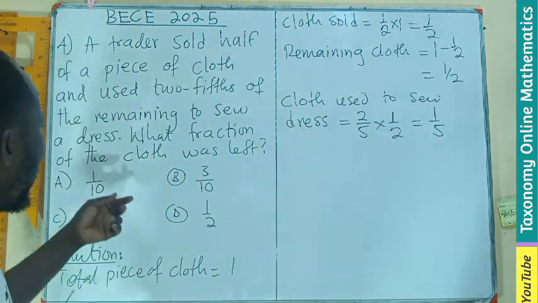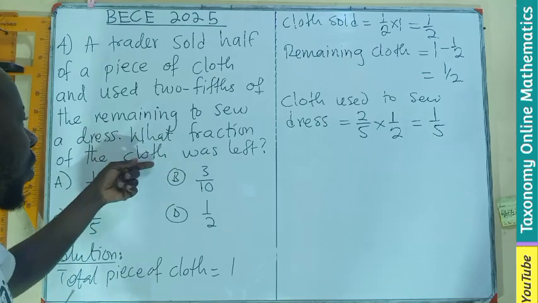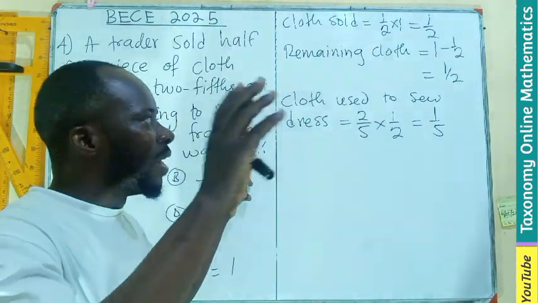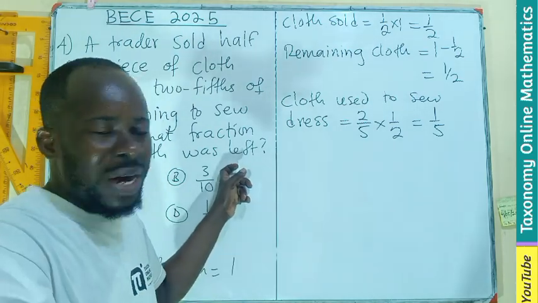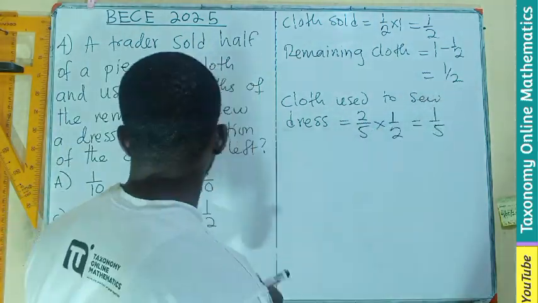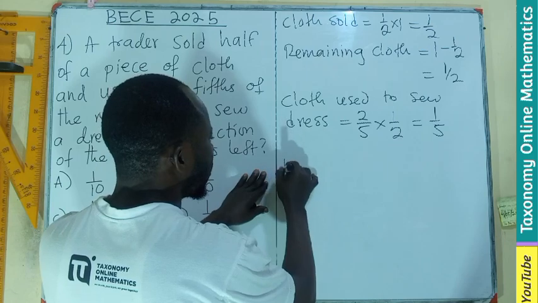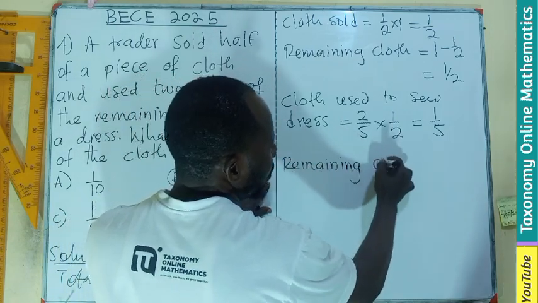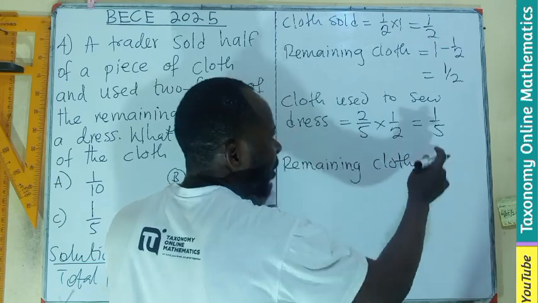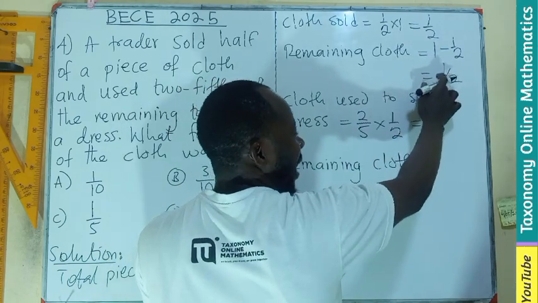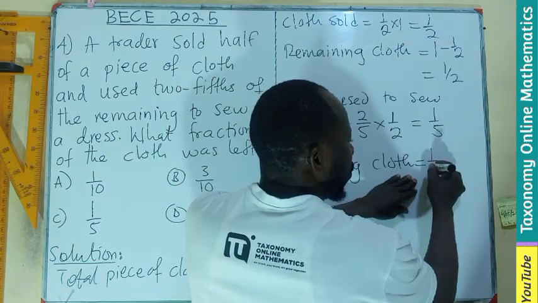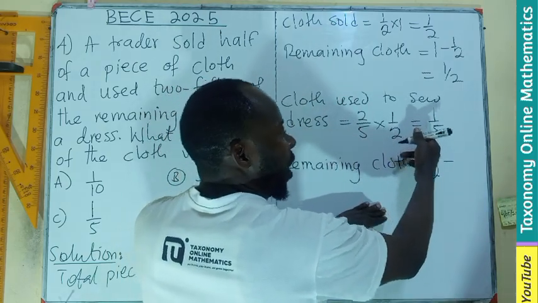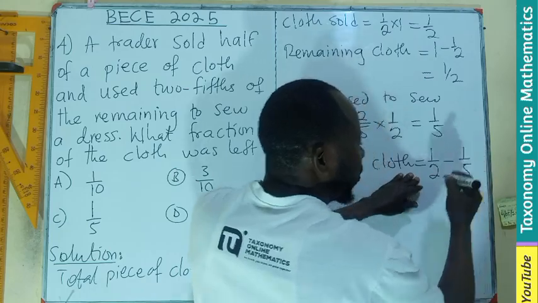Now they are asking for what fraction of the cloth was left. Part is sold, part is used for the dress, then the remaining one out of this remainder. So the remaining cloth is going to be what was left after selling, which is 1 on 2, minus what is used for sewing a dress, which is 1 on 5.